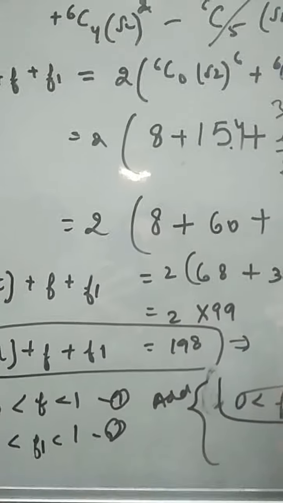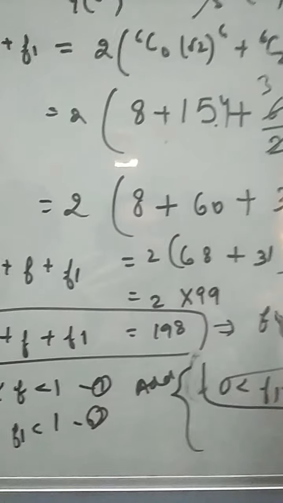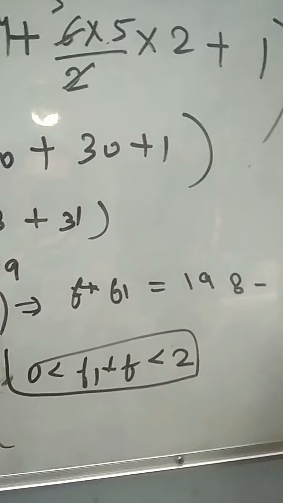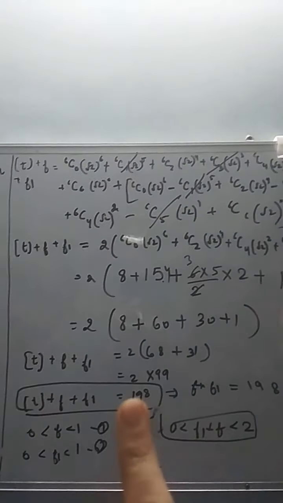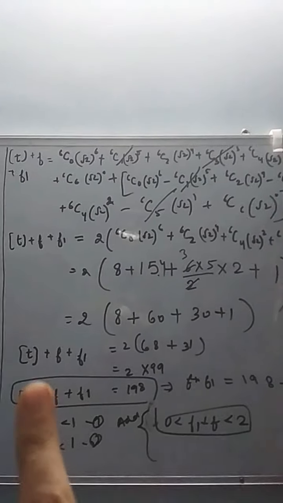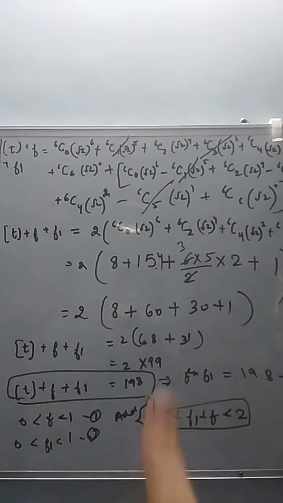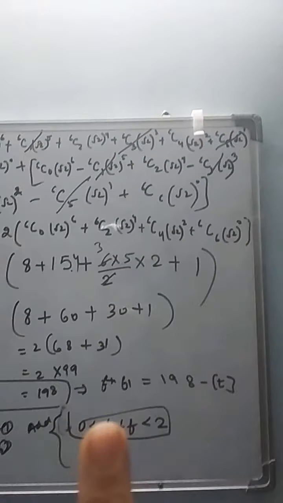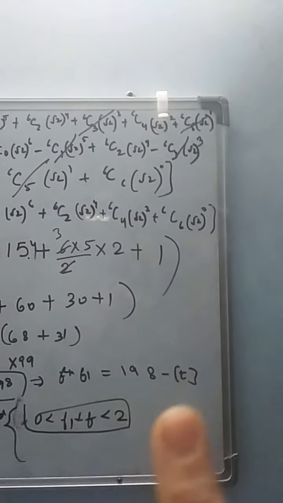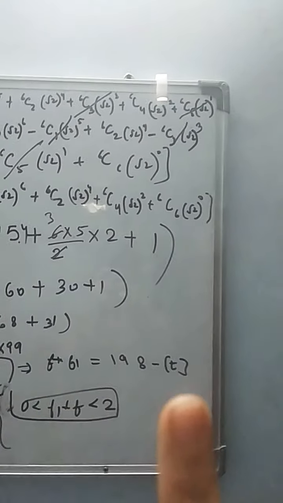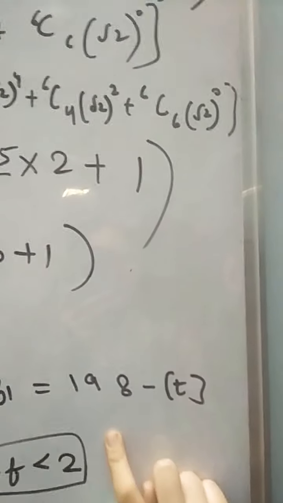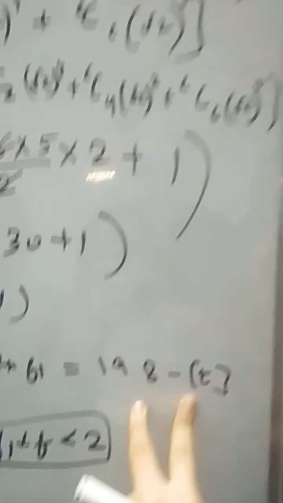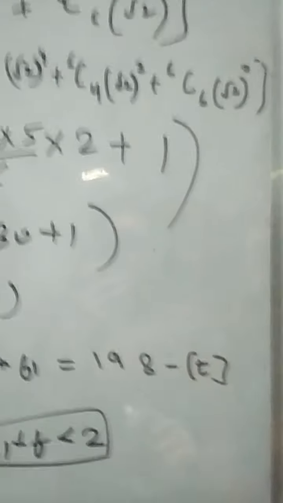Can we write it as f plus f1 is equal to 198 minus t? We have taken the greatest integer part on our right hand side and modified it as f plus f1 is equal to 198 minus our greatest integer value. Now, if this is an integer and this is also an integer, if we subtract two integers, we must get an integer.